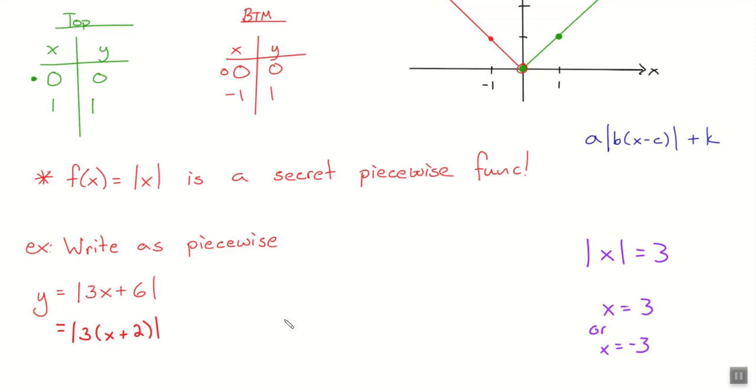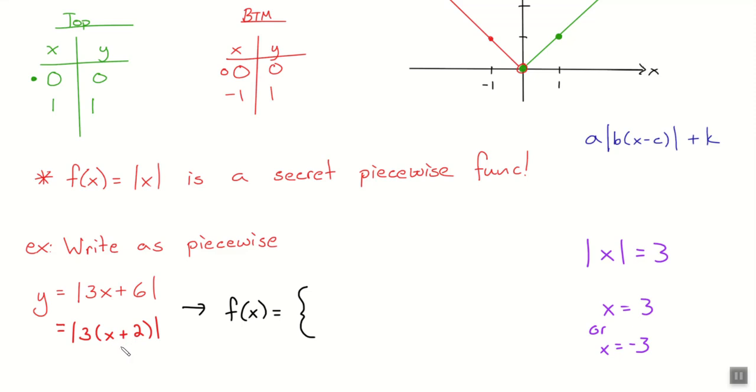So if we look at this, we're going to have to do some thinking, but let's start writing this as a piecewise function. So from here, we have f of x equals, and there's two possibilities. If x is greater than or equal to negative 2, then everything in here is positive.